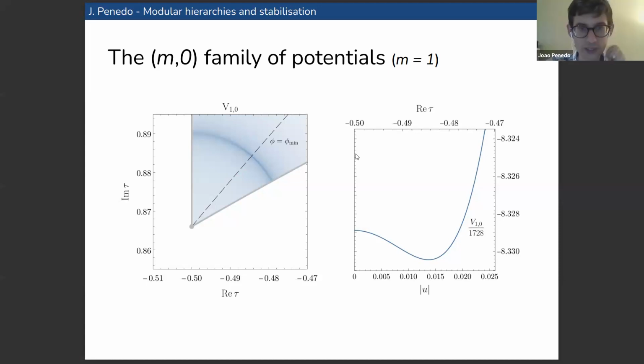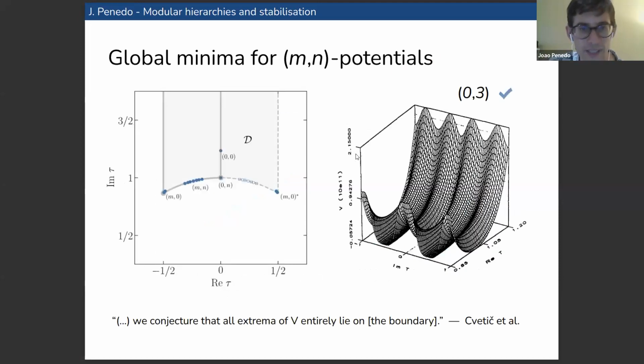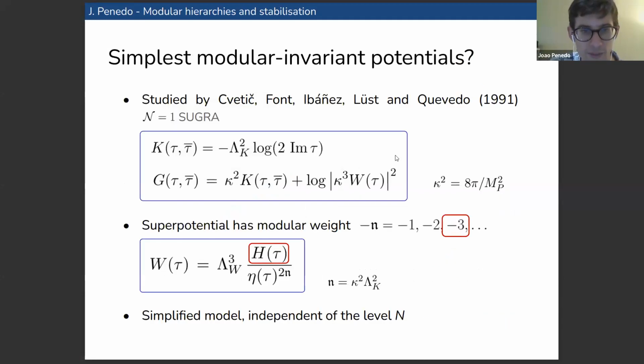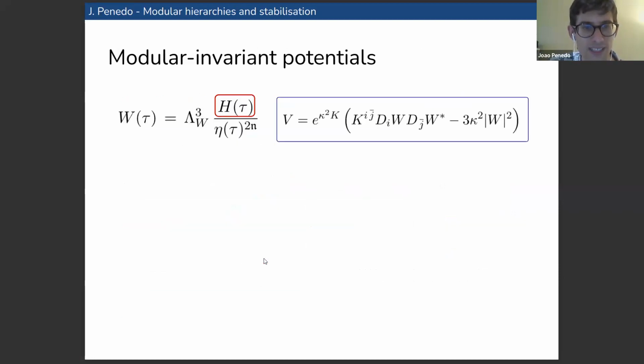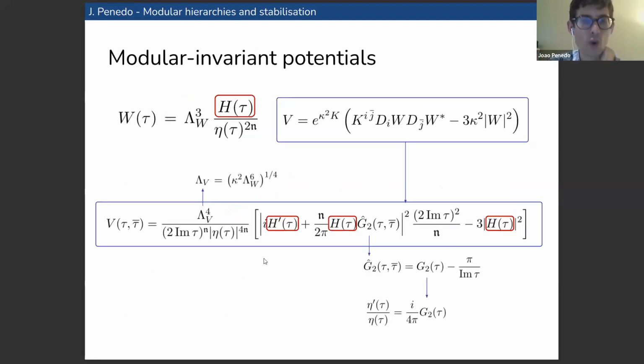So these potentials were built from this scalar, which is just a function of tau, and this superpotential here, which is basically this H function. It is all you need to specify, and it's something that has weight 0. Once you specify this K and W, you get the potential from this expression. This is the Sugra expression.